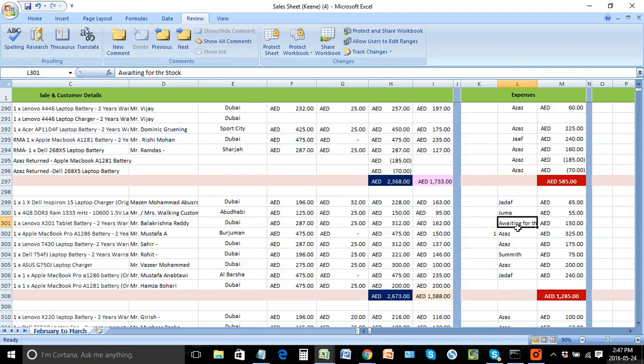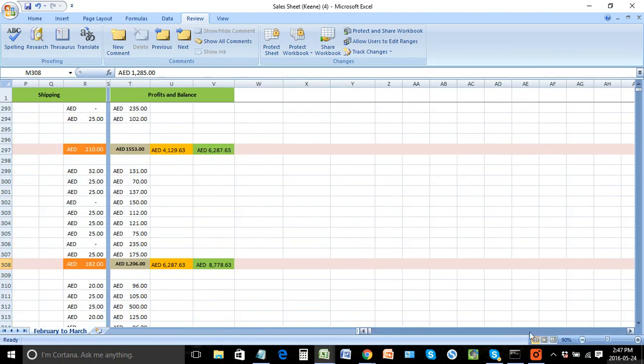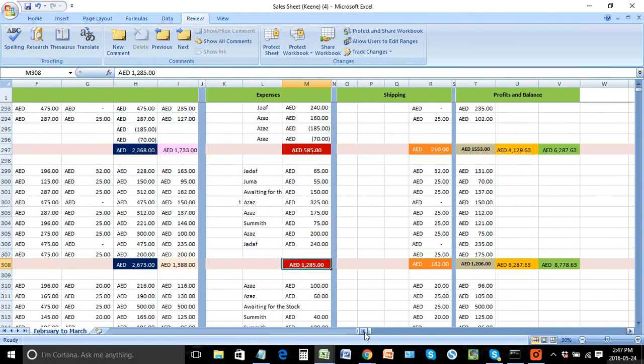Think about it this way: it's like saying in the future you're going to sell this, but you've already received the payment from the customer. You haven't received the payment because we haven't sold this item yet. This is a confusion. You can't add that price here. And second of all, we don't know the delivery charge and so forth for this item.